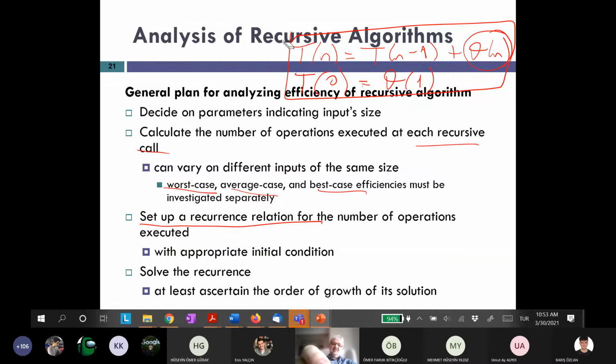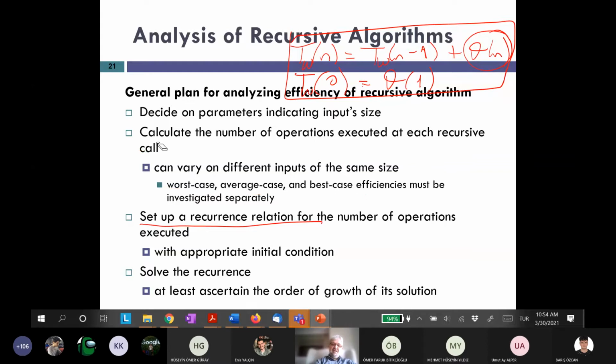So in that case, we may talk about the worst case running time and a recurrence relation for the worst case running time, and we can talk about best case running time and a recurrence relation for the best case running time, probably. Is it clear?